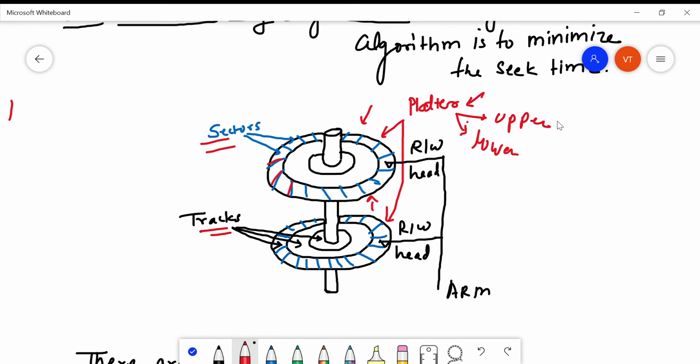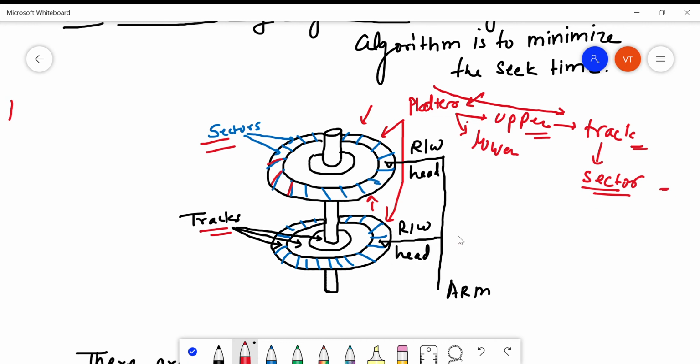Then in the surface, a particular track, and then in that track a particular sector to read the data. The data is stored in the sector. So we have to follow these steps: first reach a platter, then a surface, then a particular track, and then a sector.